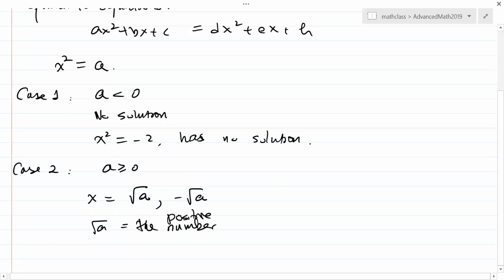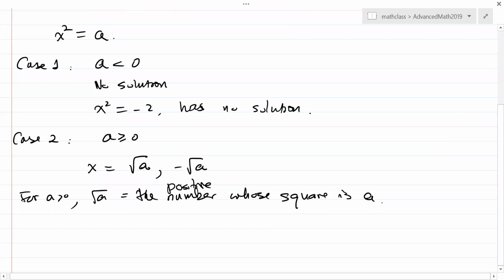If a is positive, this is a positive number whose square is a. Now it has a geometric meaning.